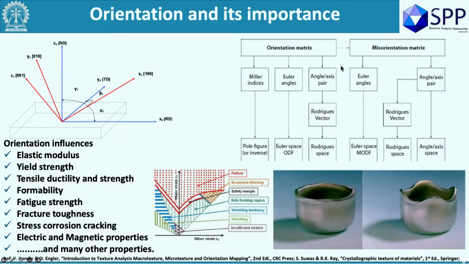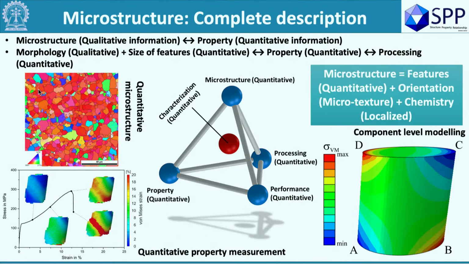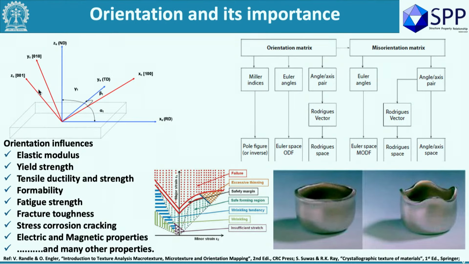It was very much mathematical, difficult to connect. Crystal reference system, sample reference system, if you have this orientation you will have a property difference. All of these things were good, but the problem was the representation of texture.